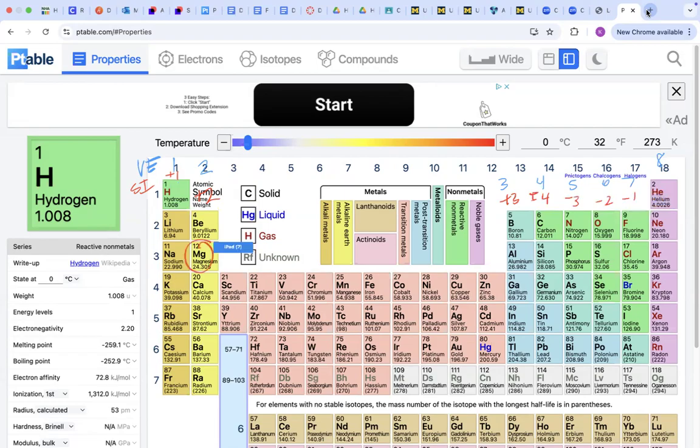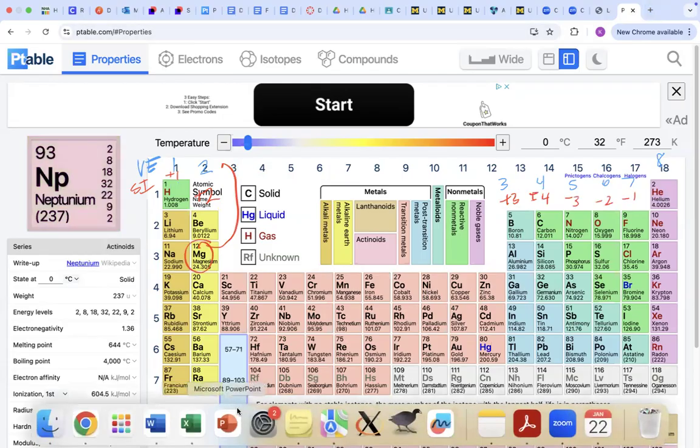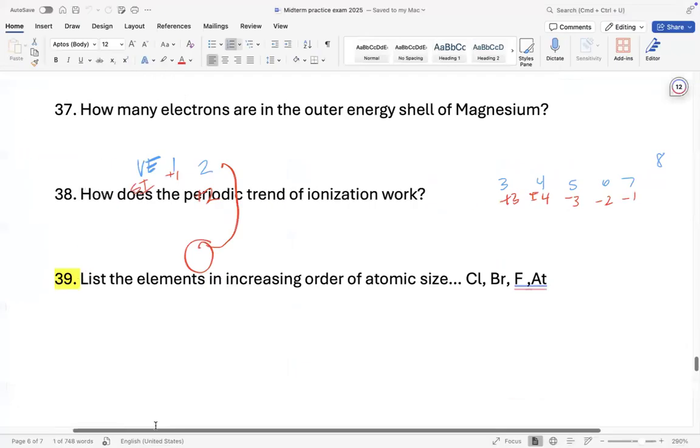So how many valence electrons does magnesium have? Or electrons in its outer shell? To answer that, 2. Oh, 2. Wrong. Oops, 2. All right. All right, these next two questions.